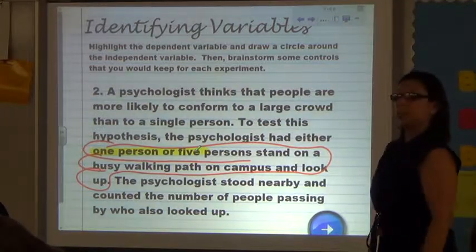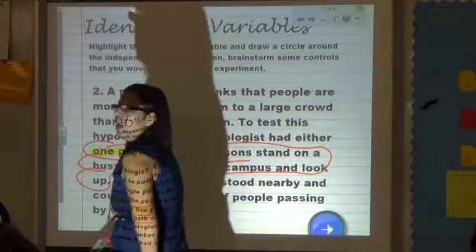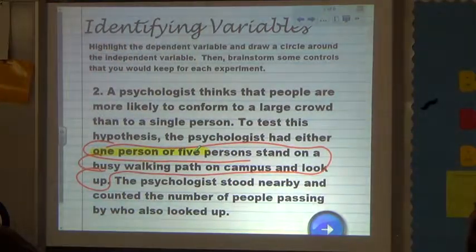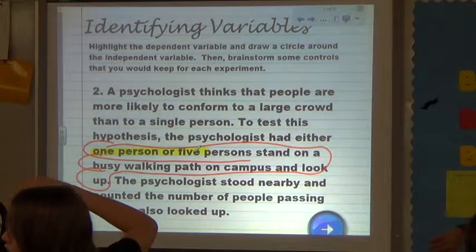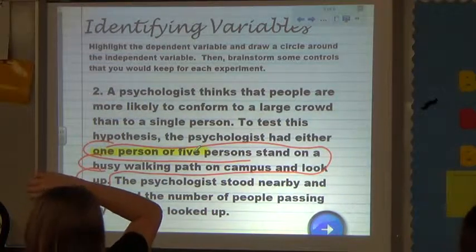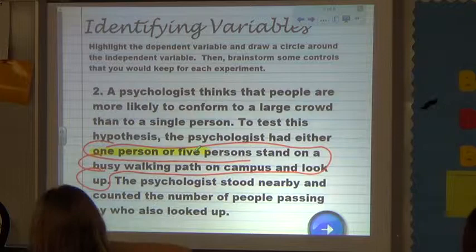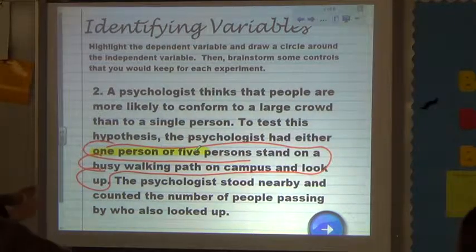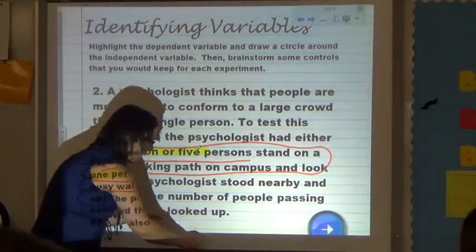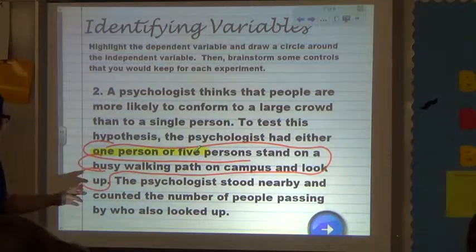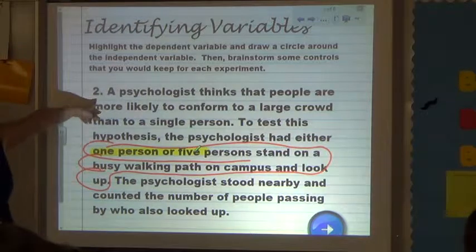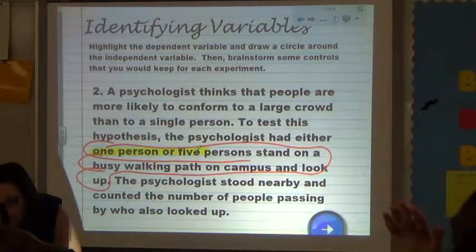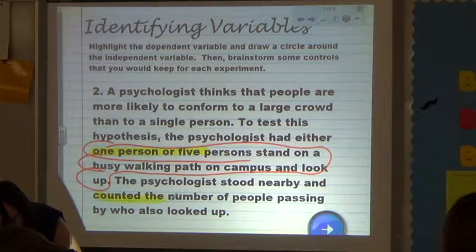Yes. Thumbs up, thumbs down if you agree. All right. Yeah, you were real close, but the dependent variable is the number of people passing that looked up. So how many people conformed? So you should have highlighted this.